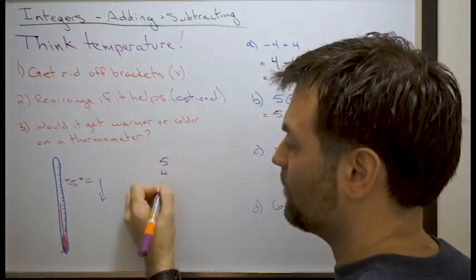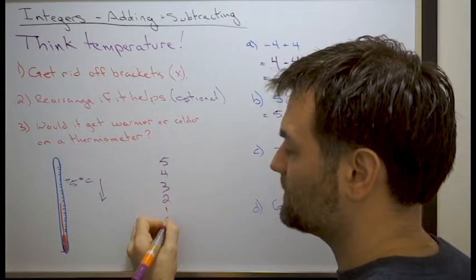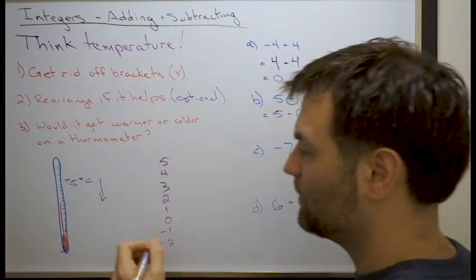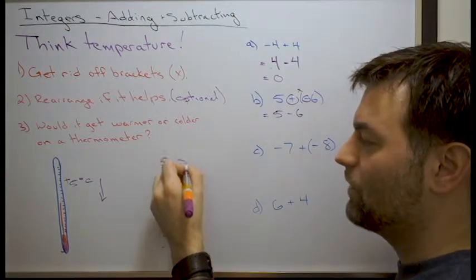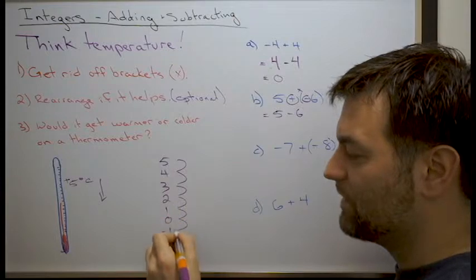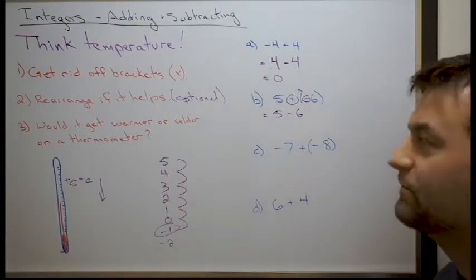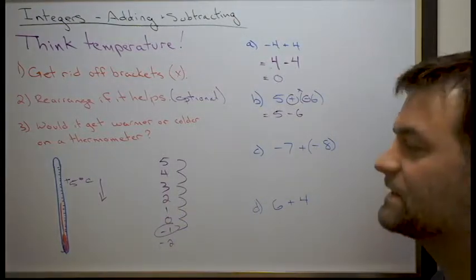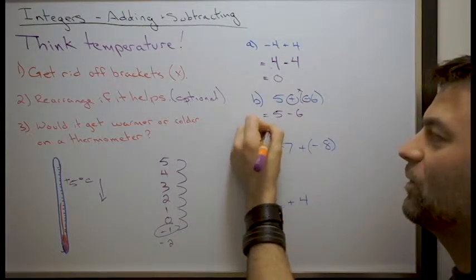We have 5, 4, 3, 2, 1, 0, -1, -2. So right here, we're going to go down 1, 2, 3, 4, 5, 6. 5 minus 6 is going to end up being -1.